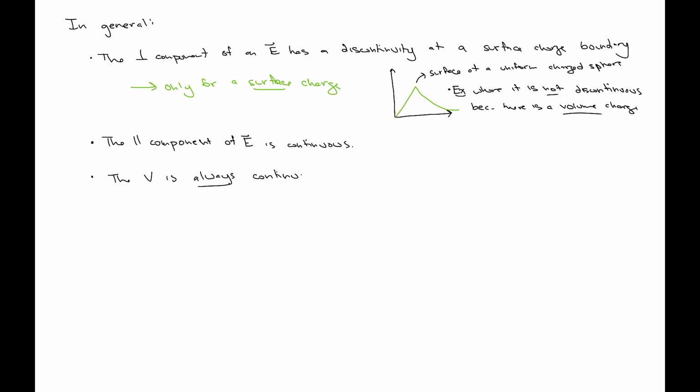So these are also ways that you can check your solutions to make sure they make sense within these rules. Okay, and of course, you should be able to eyeball a potential curve and see if it corresponds to the right electric field curve.